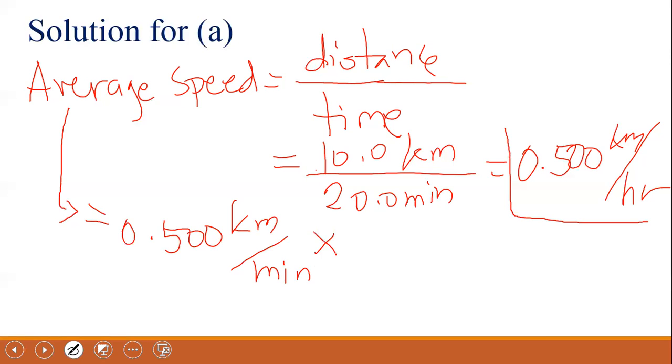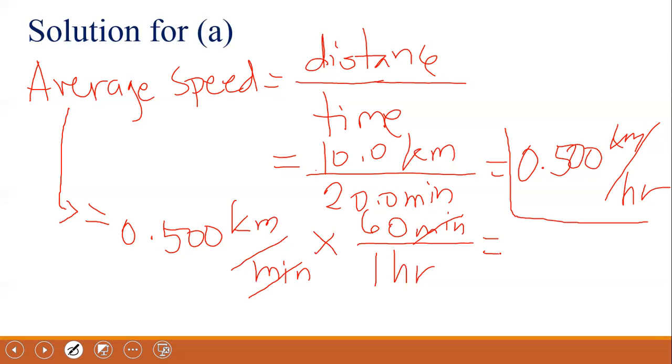So we have to multiply. There are 60 minutes in 1 hour. So we are converting our average speed into kilometers per hour. We are now going to cancel the unwanted unit, which is the minute.